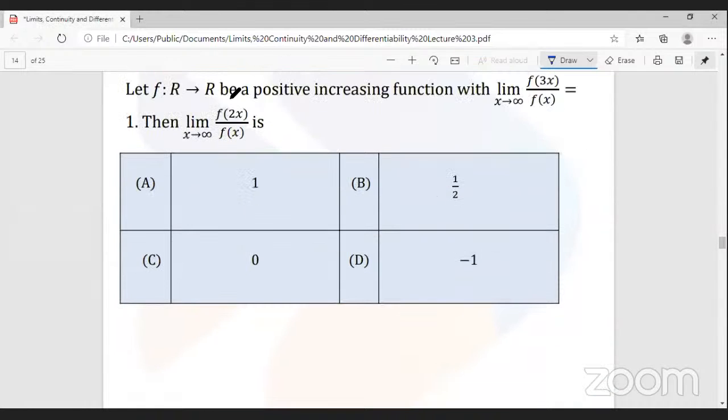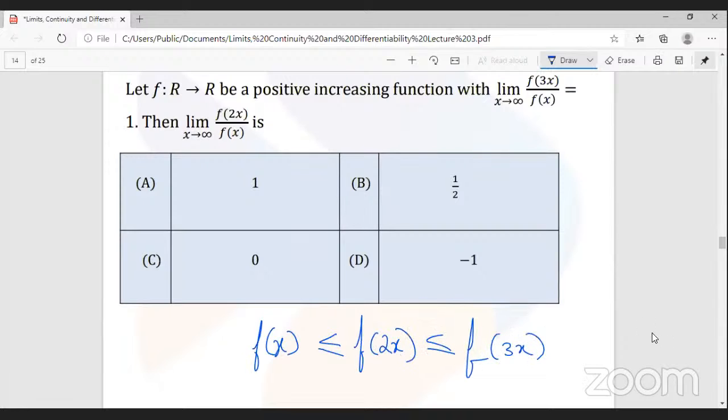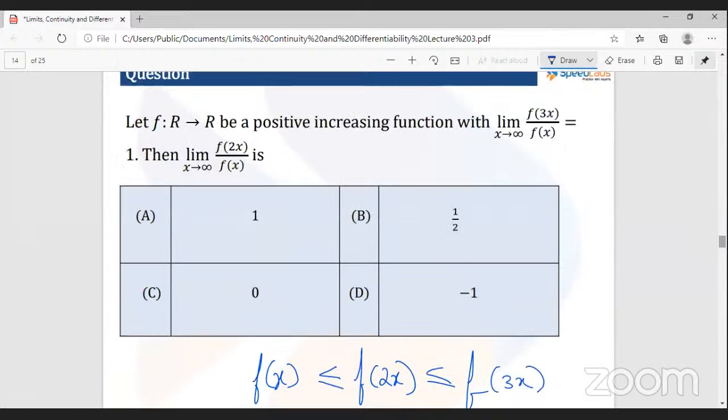So it is given that f is an increasing function. So if f is an increasing function, then it implies fx is less than or equal to f of 2x is less than or equal to f of 3x. And it is also given that it is a positive increasing function.